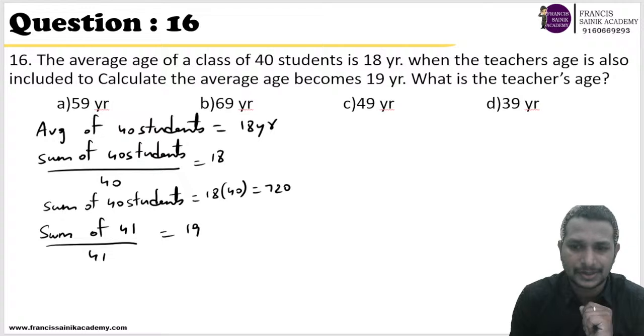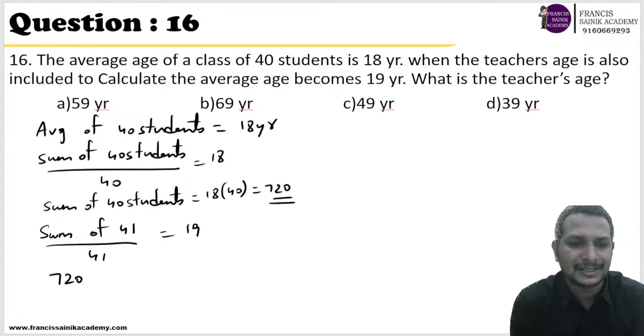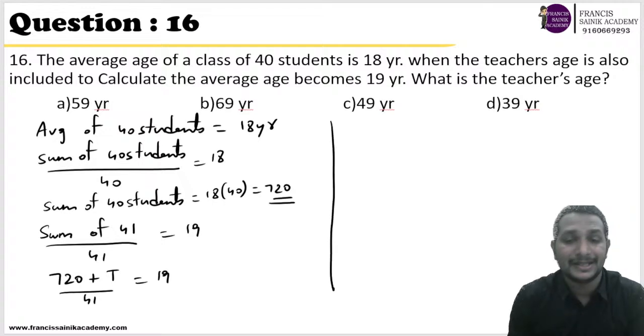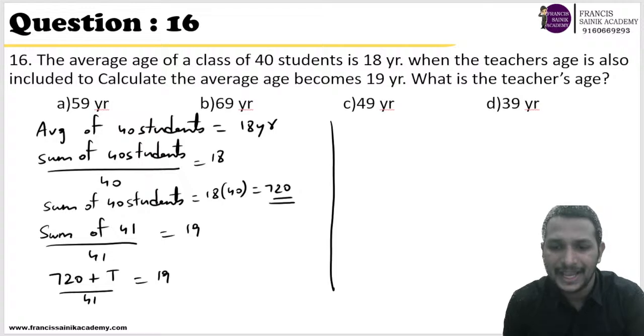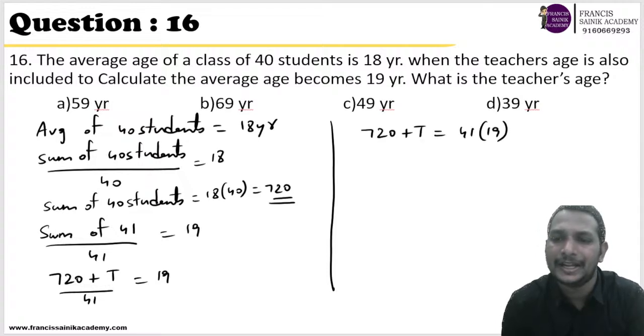As we know, the sum of 40 students is 720. So 720 plus t by 41 equals 19. 720 plus t equals 41 into 19.